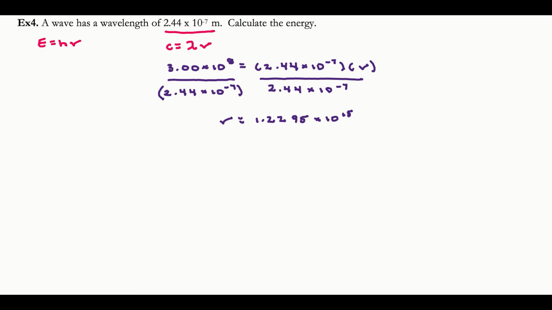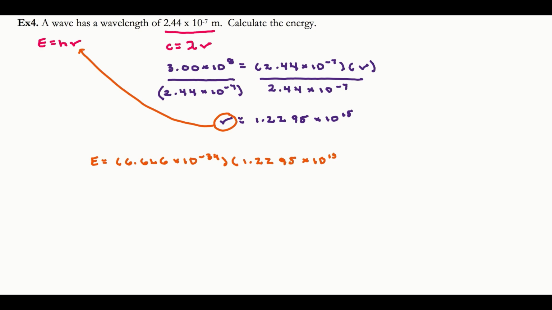Okay, so no, I'm not going to write out the entire value, but I'm not going to round this yet because I'm not done. I now need to take my frequency and plug it in to my energy formula. Okay, so here I know energy equals Planck's constant times my frequency. Now, what I would recommend doing, I had just calculated my frequency. Leave that in your calculator, so you have your 1.2295, and it keeps going.